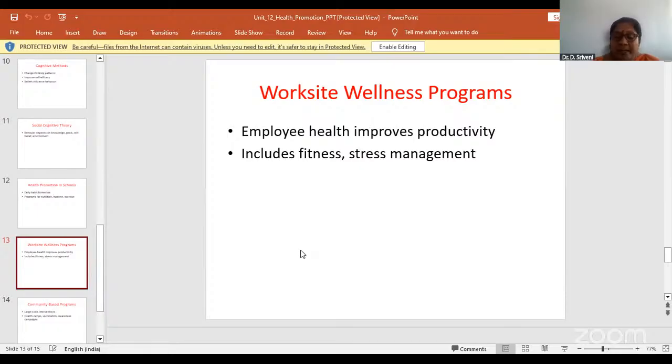These programs may include organizing physical activities such as marathons, promoting cycling, providing gym facilities, and encouraging regular exercise. In addition, workplaces often conduct workshops and training sessions focusing on stress management too. So, weight control, healthy eating, and prevention of lifestyle-related diseases such as hypertension and obesity can be controlled.